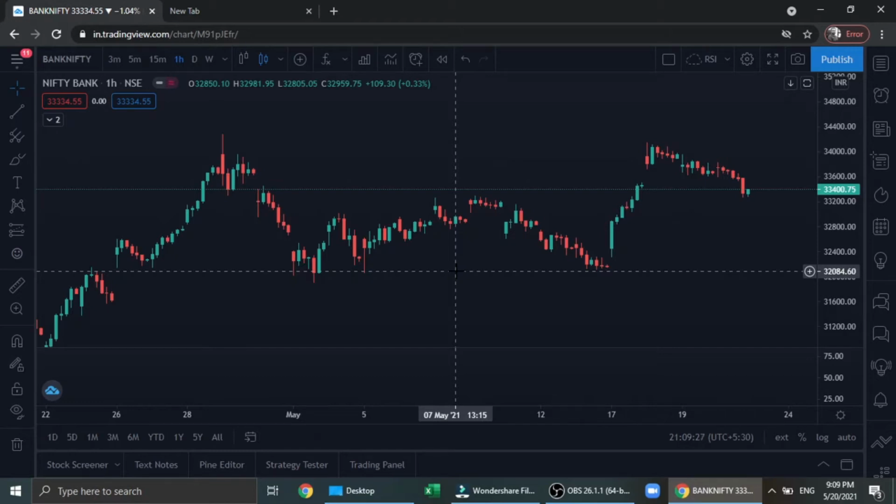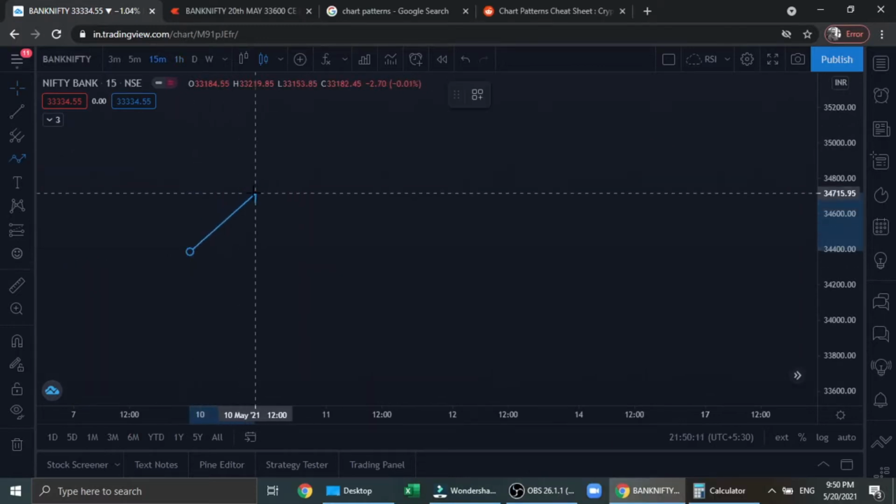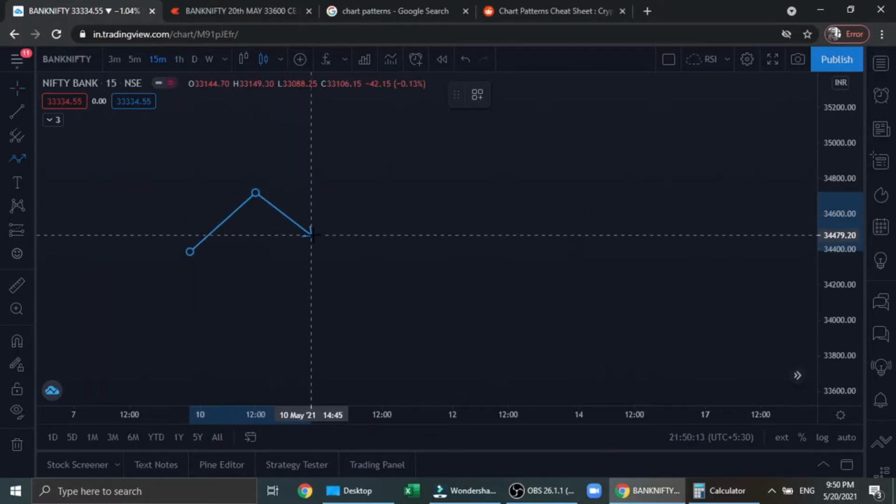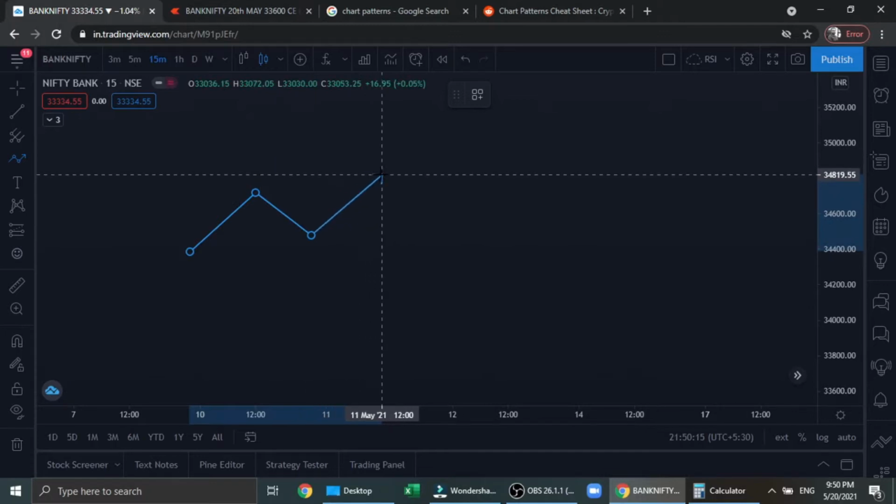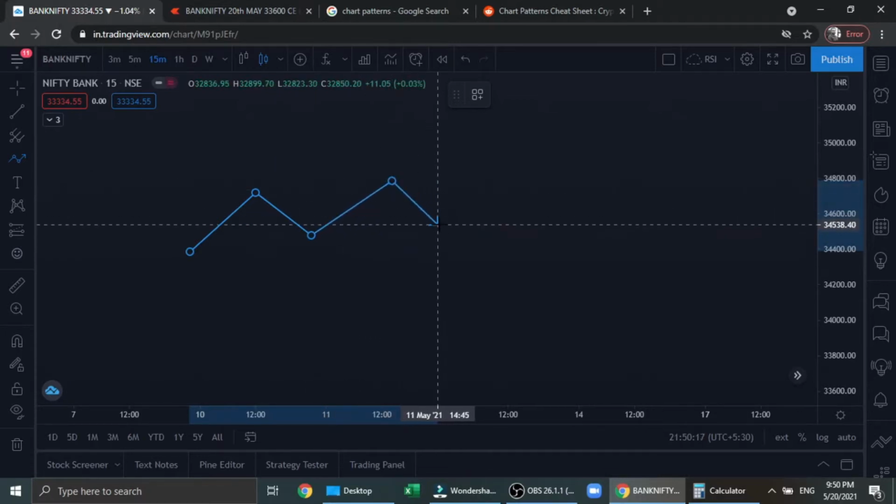Hello guys, today's topic is all about how to draw chart patterns and how to identify the breakout from chart patterns. As I explained, a stock or index moves in swings.